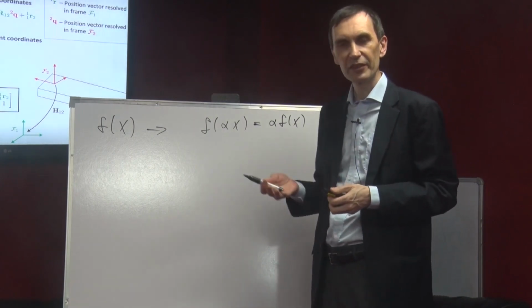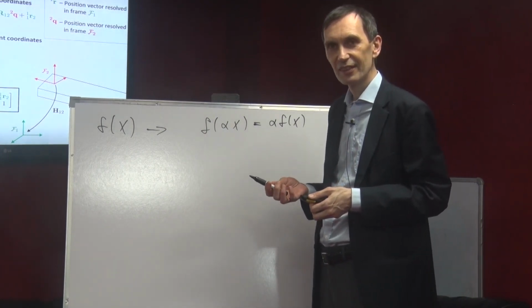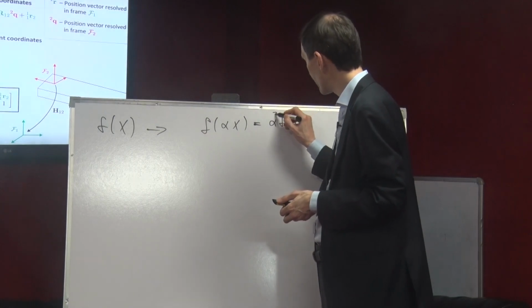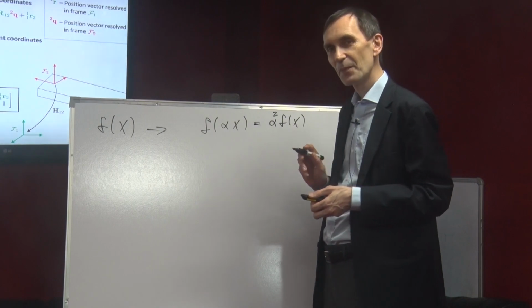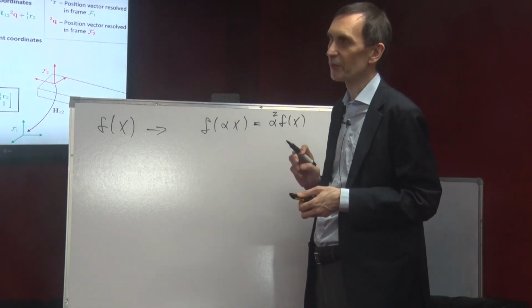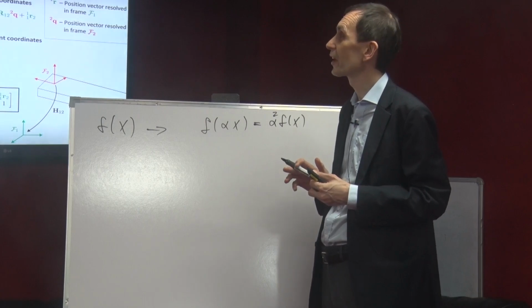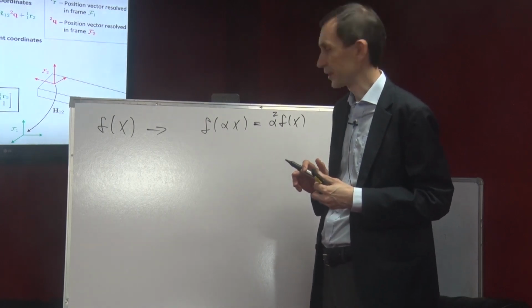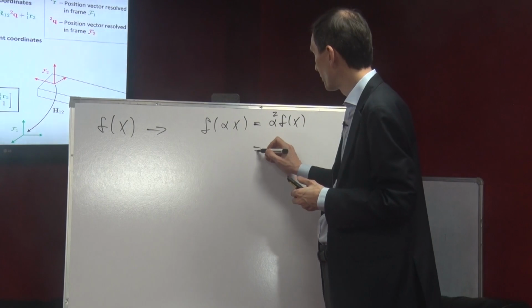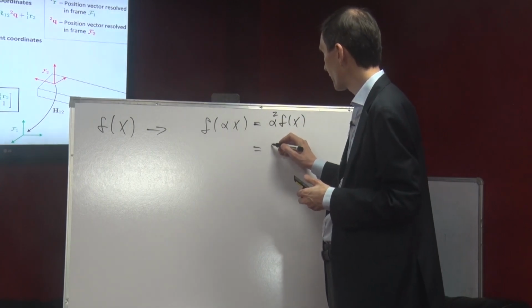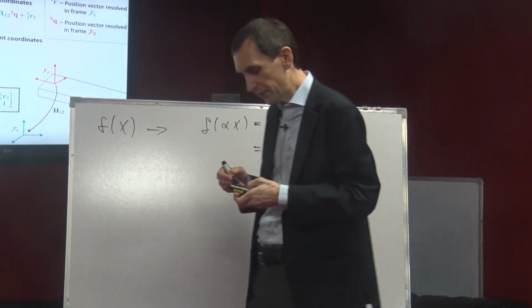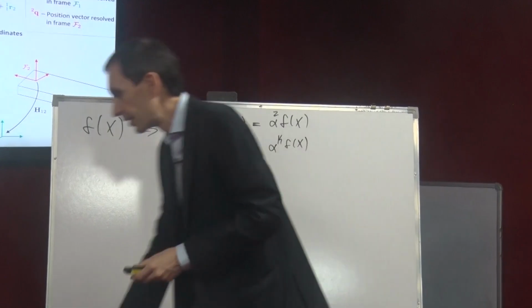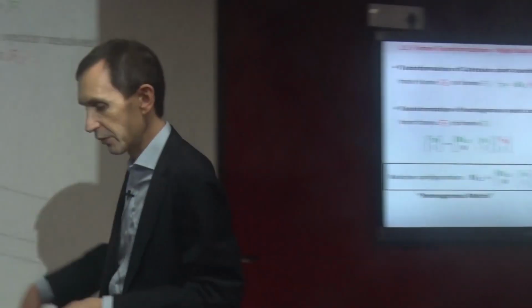What if it is quadratic? Not always, but if it is homogeneously quadratic, that's the point. So a function is homogeneous of degree k if f of alpha x is alpha to the power of k times f of x. Anyway, this is just mathematics. I would just like to emphasize that this has nothing to do with this.